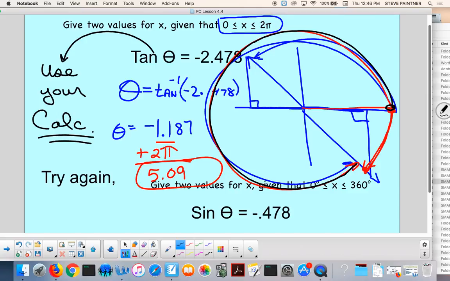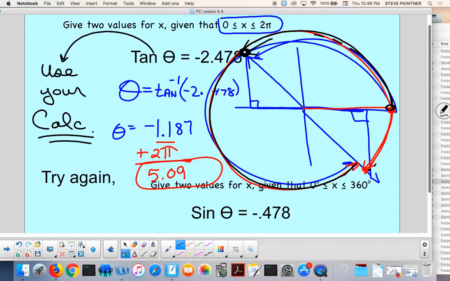Okay, but wait a minute. There's another answer. It's right there. So how do I get this measurement? 180. If the calculator said that was the answer right here, how do I get from here to there? Add pi. It's half a circle. Add a pi.